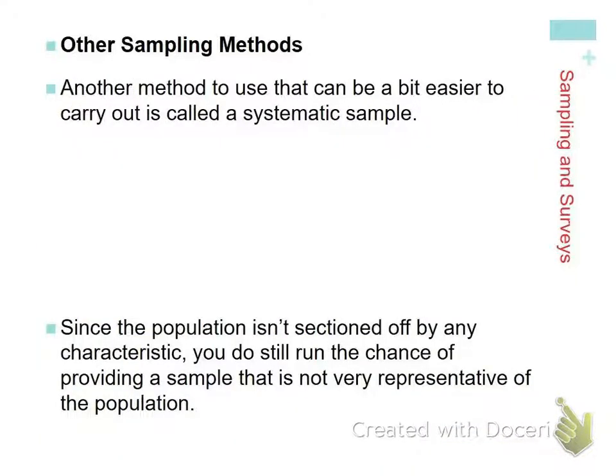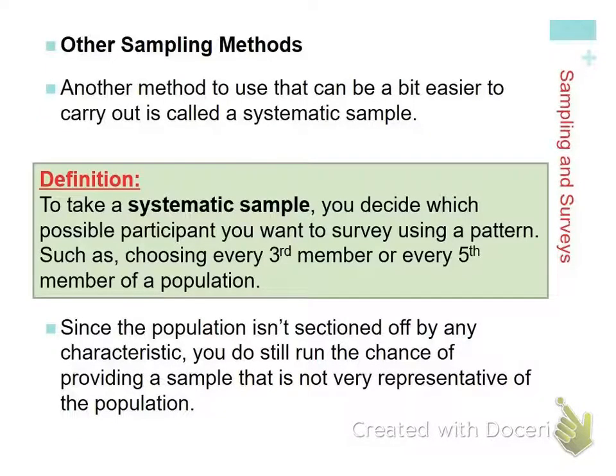And then another way to sample, and kind of runs into the same issue with SRSs and stratified random samples, is systematic, where you may have to walk around place to place, large distances to find your participants. But a systematic sample is easy to set up.